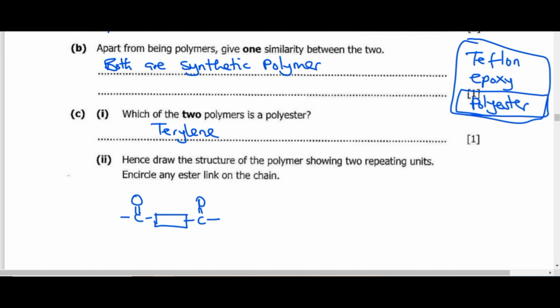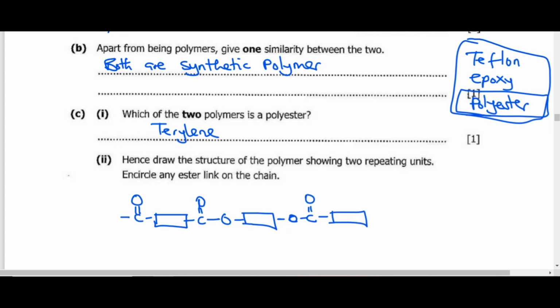So we have O there, and then we have C, then double bond there, and then what are we going to have there?